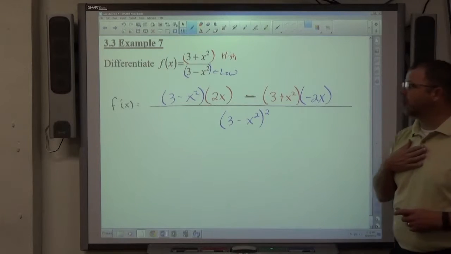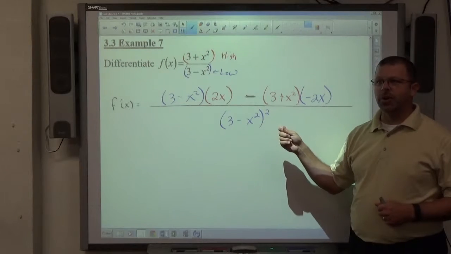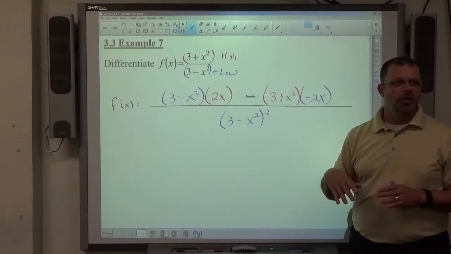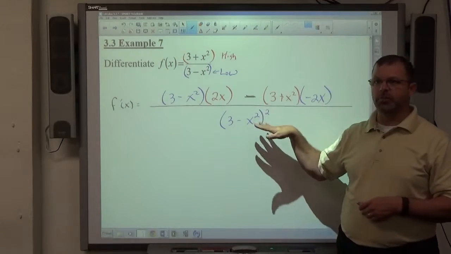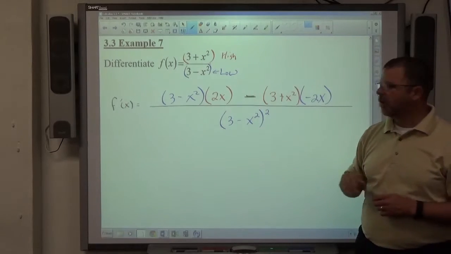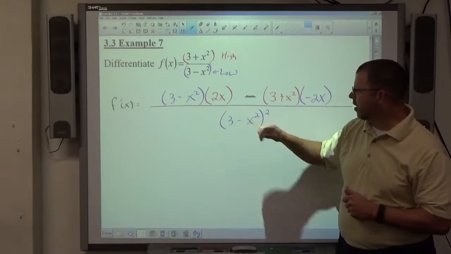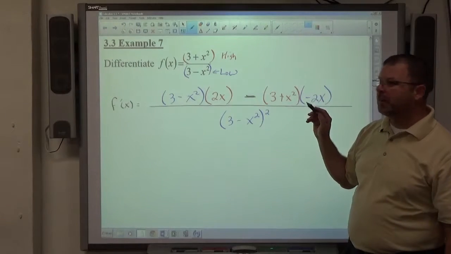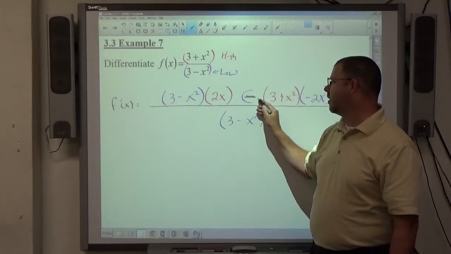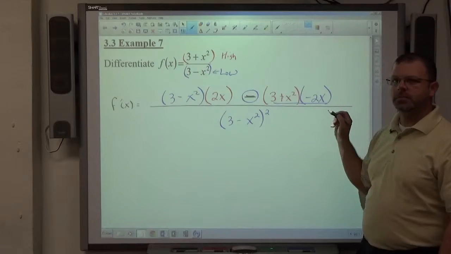For me, using the quotient rule, I'm going to leave the bottom as 3 minus x squared, squared. I'm not going to square that out. If we're going into second, third, fourth derivatives, this is a better structure. As far as simplifying the top is concerned, the one place that people tend to mess up is the fact that there's a minus sign here, and there's usually multiple terms here.